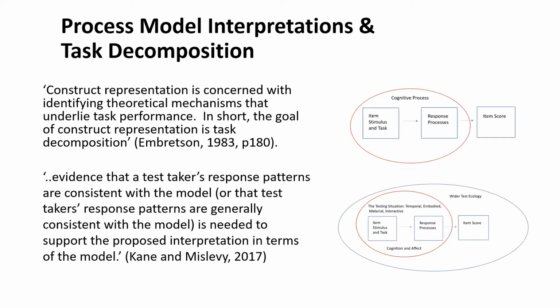Do those response processes reflect what our assumptions are about how people should be engaging with this test in order to capture that construct? Because clearly there can be construct irrelevant sources of variation, which might render the task or item invalid in some way.